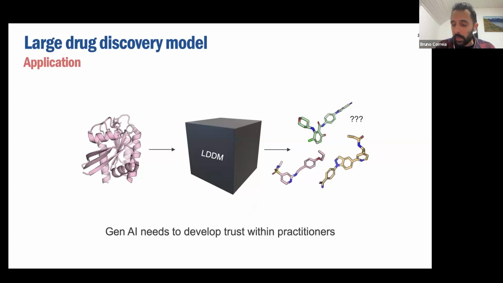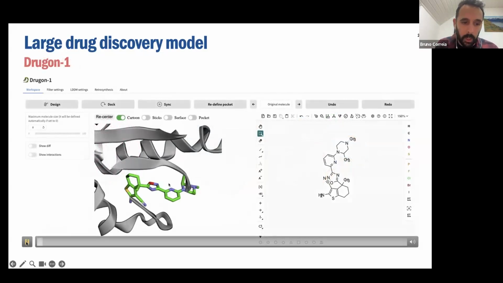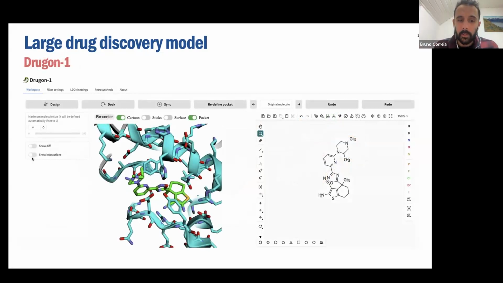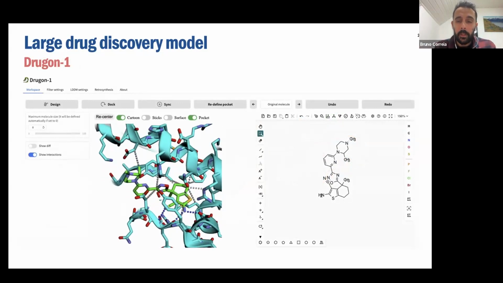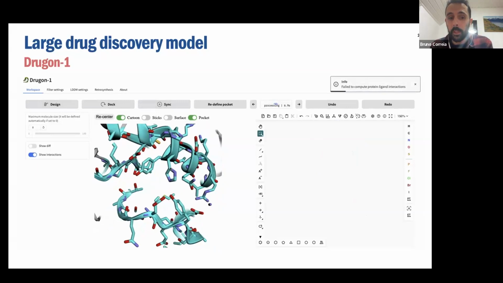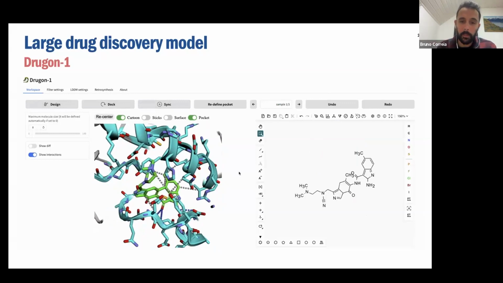And so in order to improve this aspect, we created a simpler interface so that people could input their pockets and very quickly and simplistically just start doing their own designs and creating their own types of chemical matter, which they could then iterate with the model over their own experiments to see if some of the suggestions that the model comes up with make sense, and try to take them further into experimental characterization.